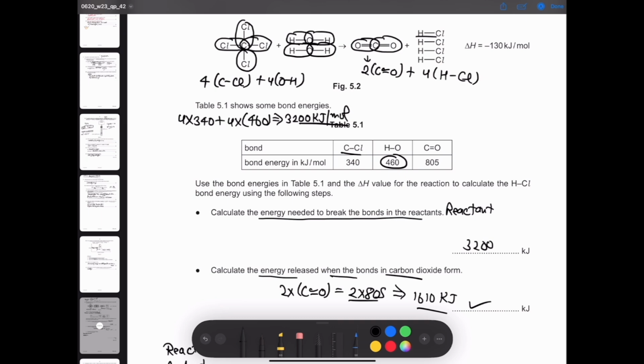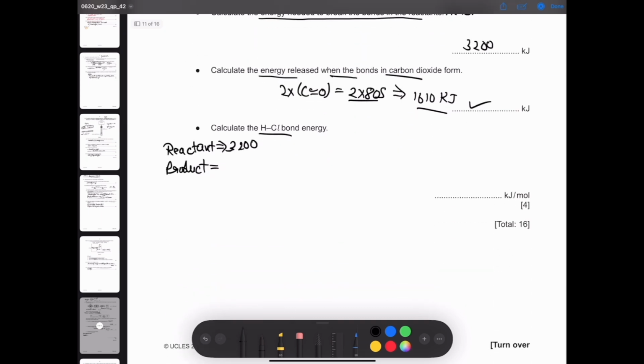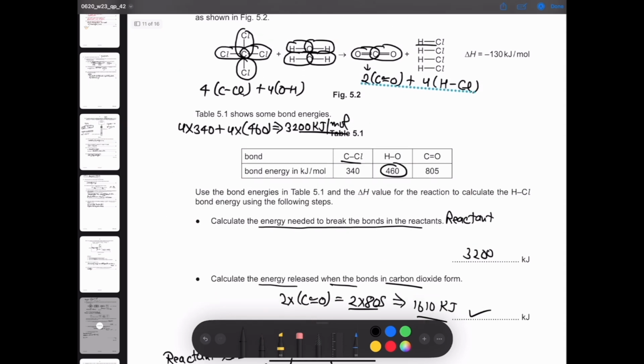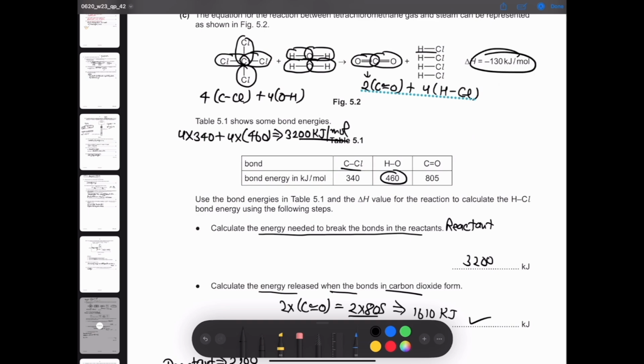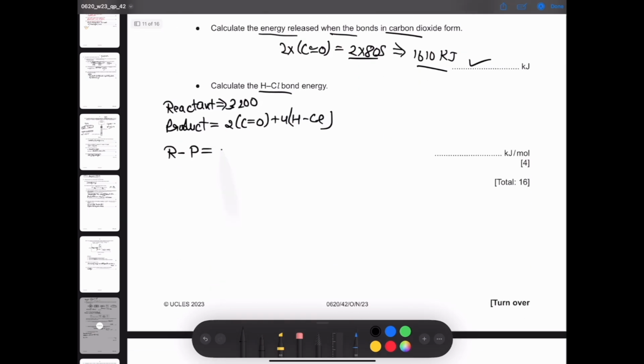Is that right? 4 HCl bonds, right? So I will write 2 carbon double bond oxygen, and 4 HCl bonds. Right. Let's do reactant minus product. That will be equal to enthalpy change. And enthalpy change is given as negative 130. So reactant minus product is equal to negative 130. Now just think about it.